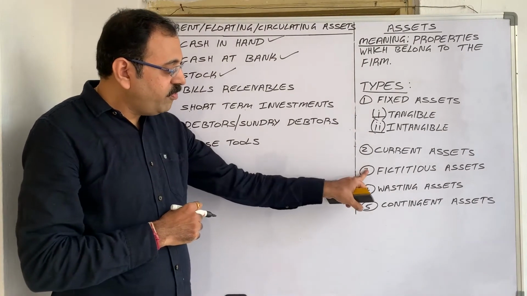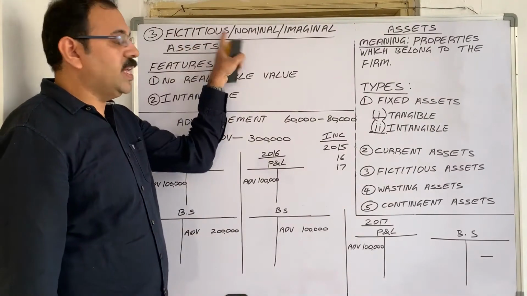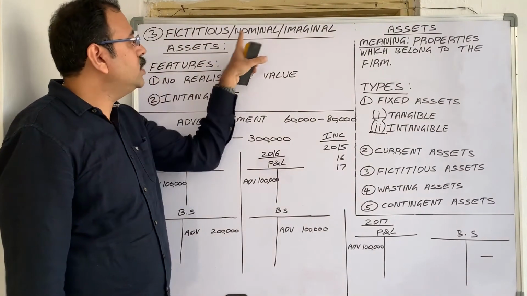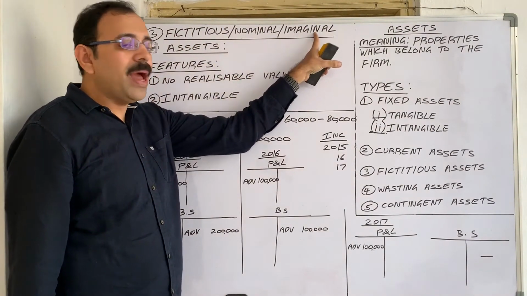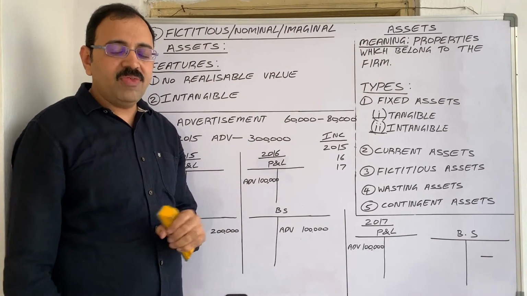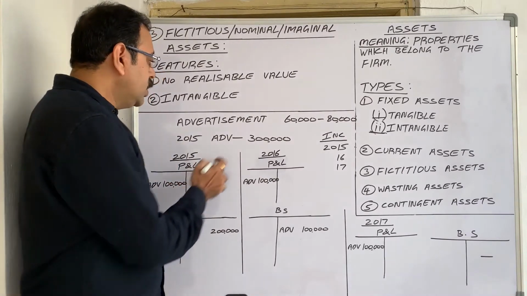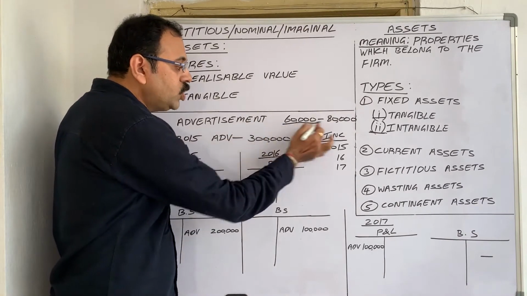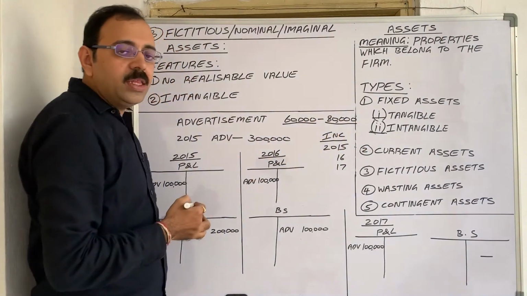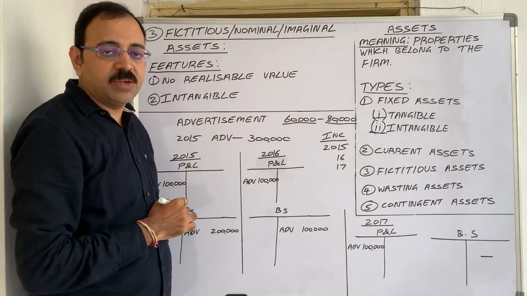Next come to fictitious assets. Next one is fictitious asset. It is also known as nominal asset or imaginal asset. What is meant by fictitious asset? With one example I will explain. Suppose a firm spends 60,000 rupees to 80,000 rupees per annum towards advertisement expenditure.